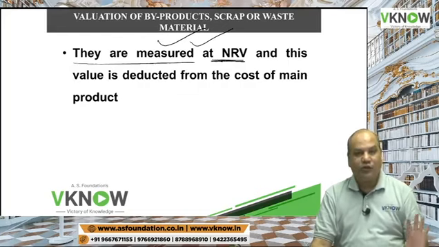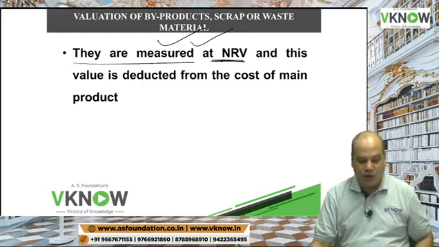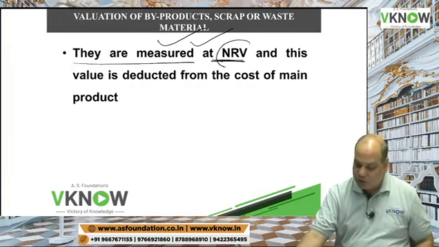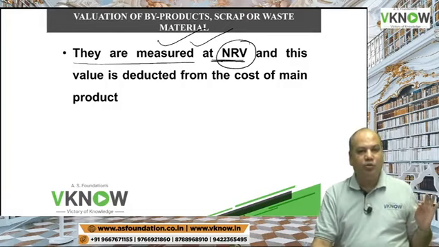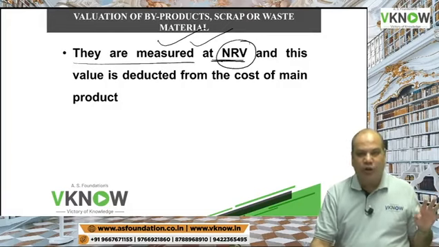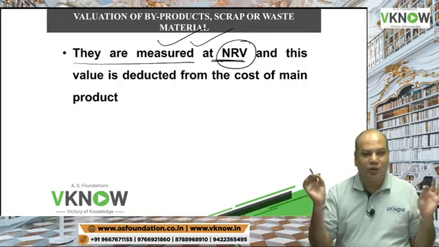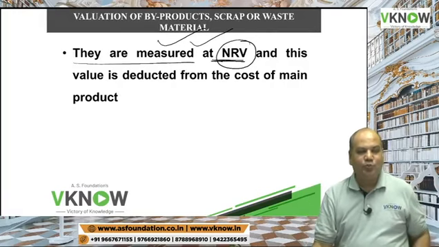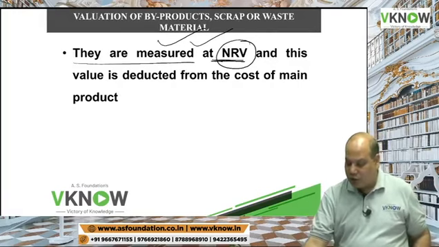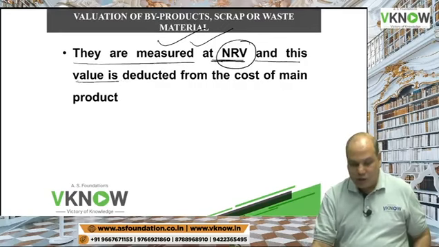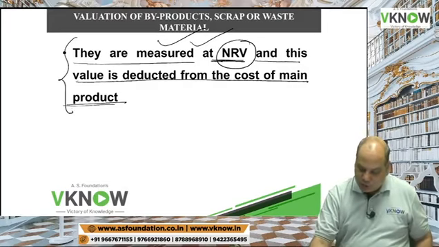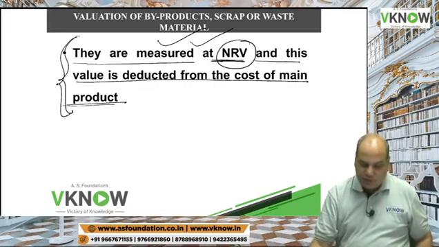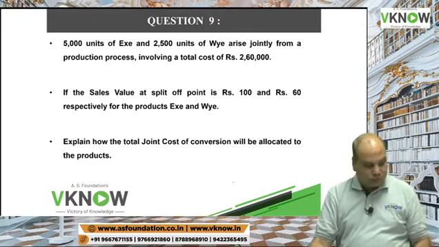So the standard says do not apply much of your intelligence, just measure them at NRV because their economic value will be very low. Find out how much amount you will realize when you dispose them. So that is called NRV, and this value is deducted from the cost of the main product. We'll see the application of this in one example coming soon.